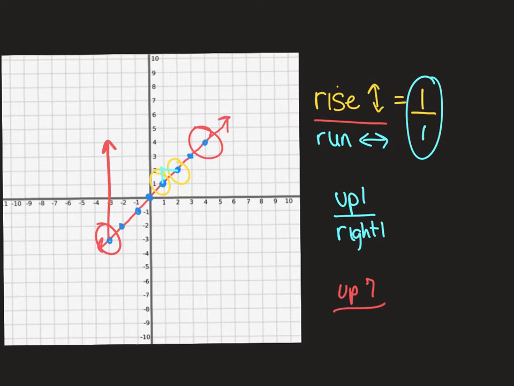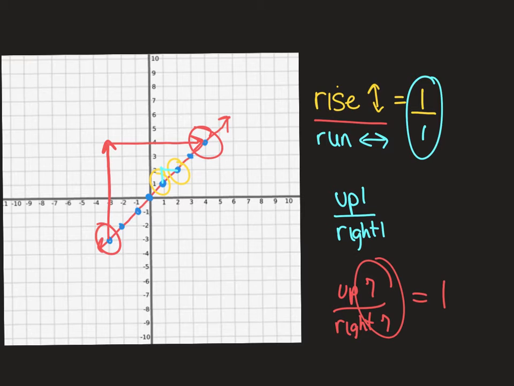Running is along the ground or sideways. Let's count 1, 2, 3, 4, 5, 6, 7. So I went to the right 7. 7 over 7 simplifies back to a 1. So if you don't pick the two closest dots to each other, you'll still get the same answer.